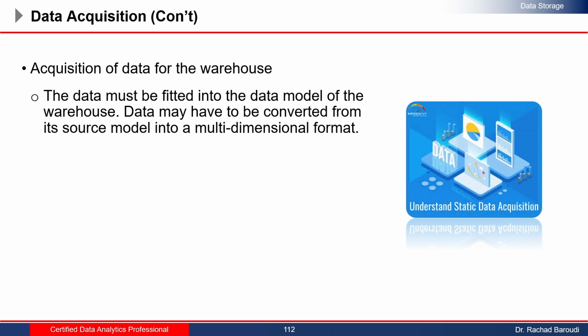So assuming that we have old systems, one has social security numbers without dashes, and the other one has social security numbers with dashes.